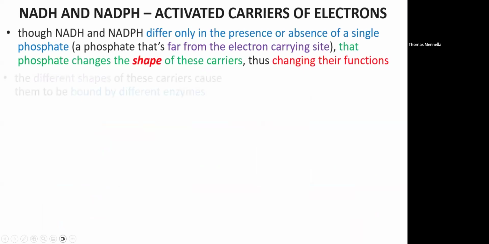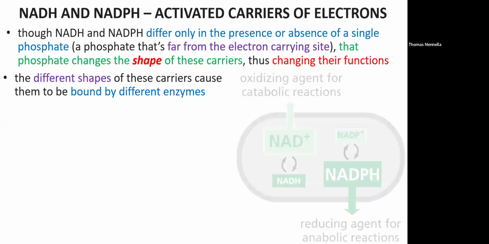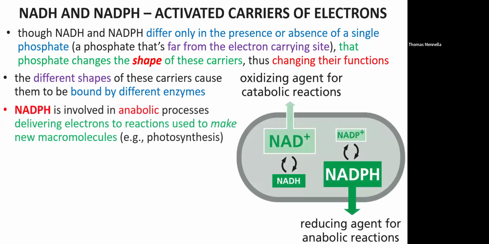So clearly that phosphate plays no role in carrying the actual electrons, and it doesn't. All the phosphate does is change the shape of the carrier, and by changing the shape of the carrier, it changes its function. The different shapes between NAD and NADP, or NADH and NADPH, cause these two different carriers to fit into the active sites of different enzymes. And so this gets us back to the idea of specificity.